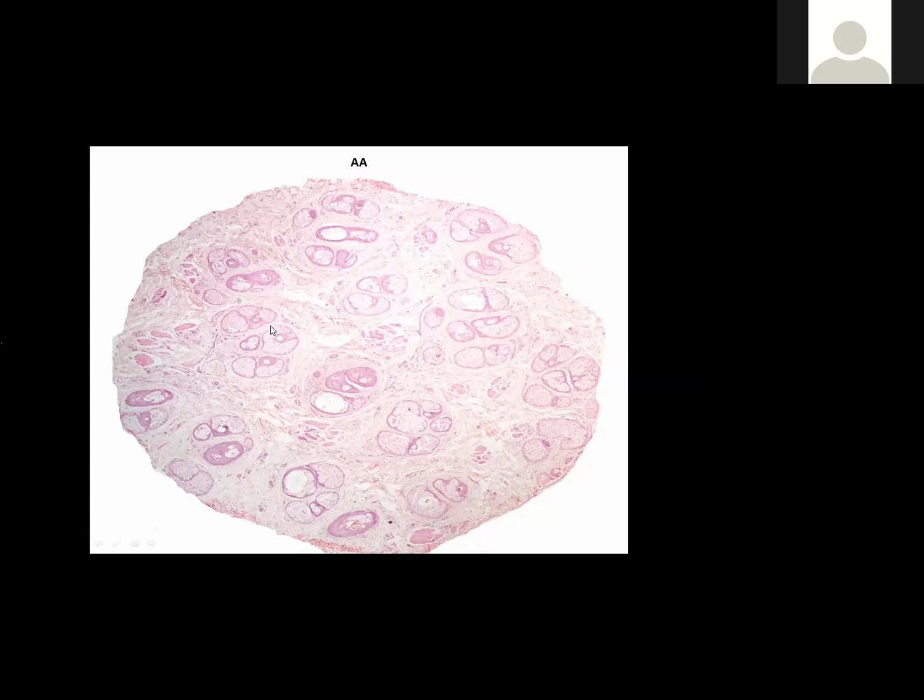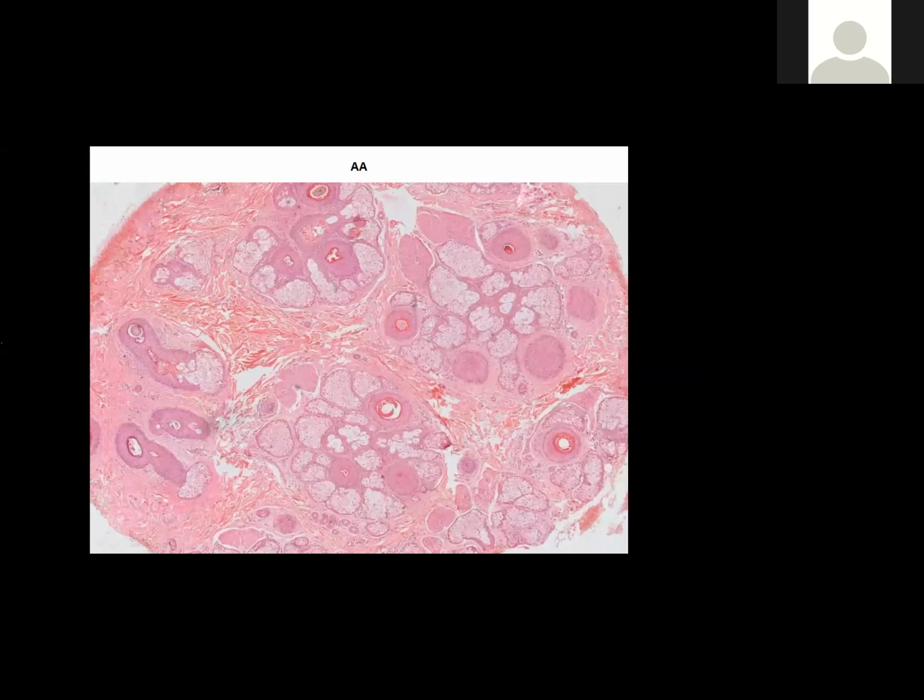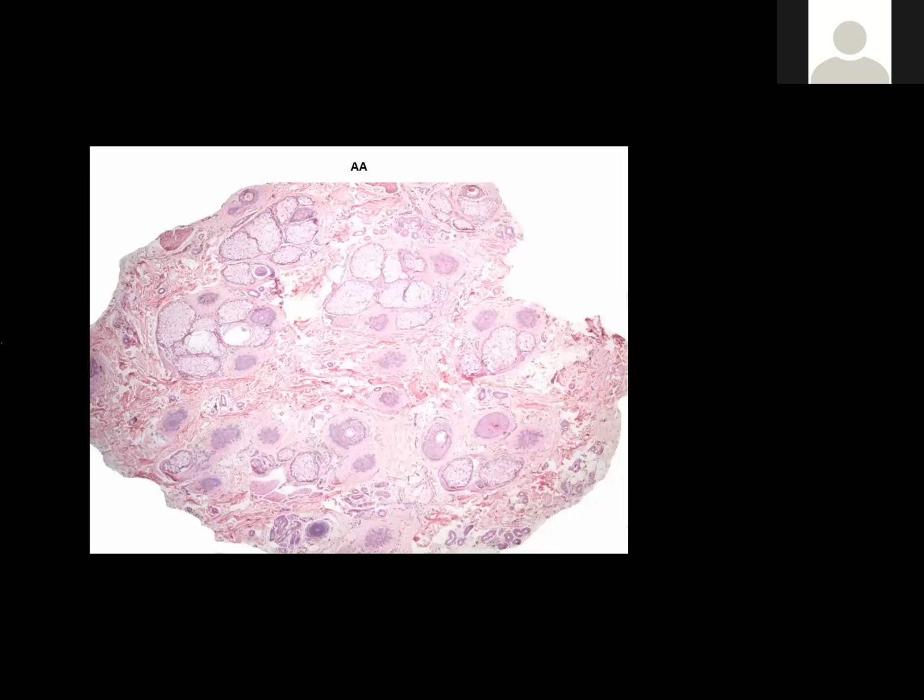Similar to AGA, in alopecia areata there is again a premature shift of the hair follicles from the anagen to the catagen and the telogen stage, and therefore we again see a large number of hair follicles, as my pointer shows, in the catagen and the telogen phase. So these features are very similar or overlapping between AGA and alopecia areata.